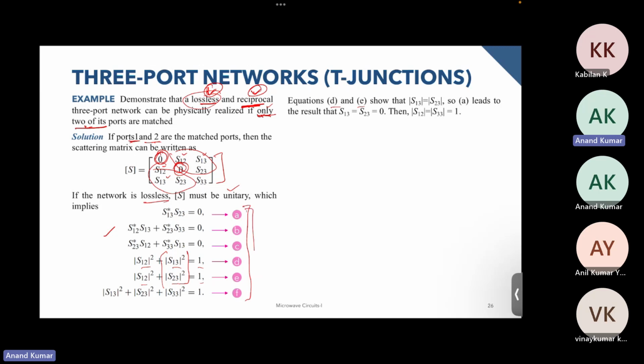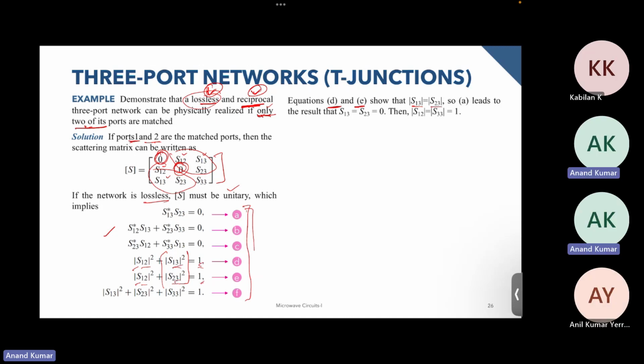Now if we look at D and E, we have S13 equal to S23 because the rest of the terms are equal. If we subtract them, we get S13 equal to S23.